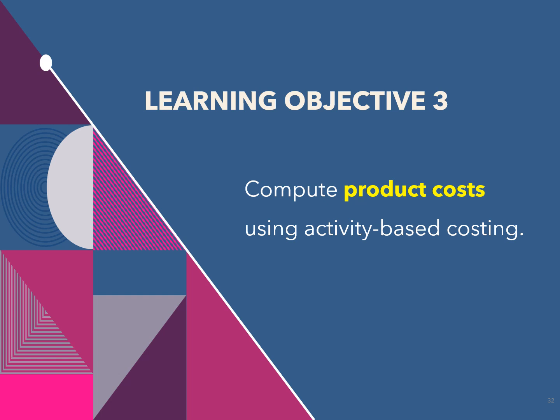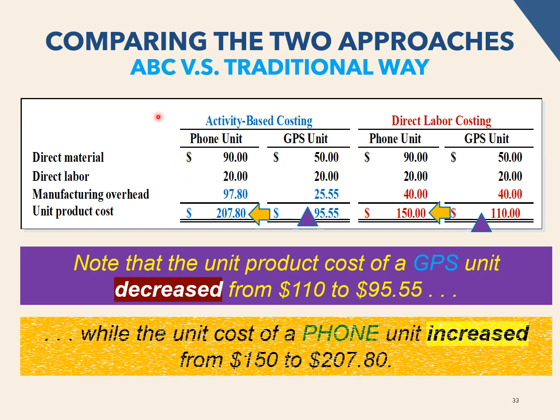Learning objective number 3 is to compute product cost using activity-based costing. Here is the result provided by activity-based costing, which uses multiple predetermined overhead rates to assign manufacturing overhead.